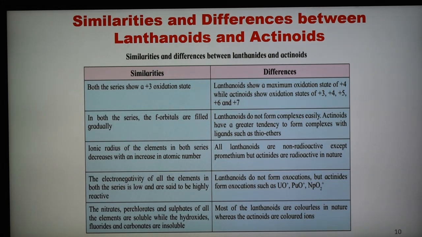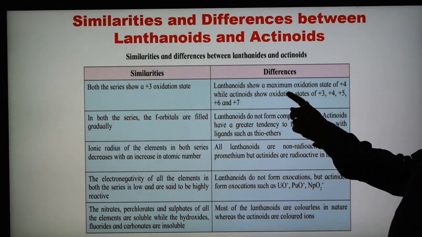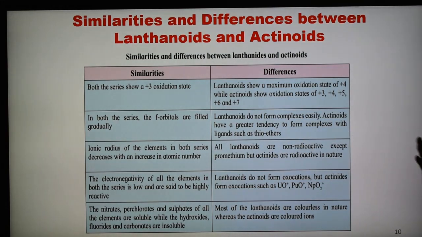Another difference: lanthanide do not form complexes easily, whereas actinide elements have a greater tendency to form complexes with ligands such as thioether. What is a complex? As we all know, a complex contains two parts, metal ion and the ligand. And in this case, for actinide elements, because of the variable oxidation state, for formation of a complex, three important conditions are there.